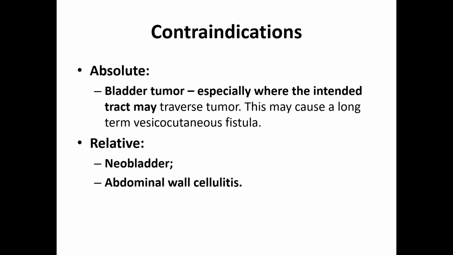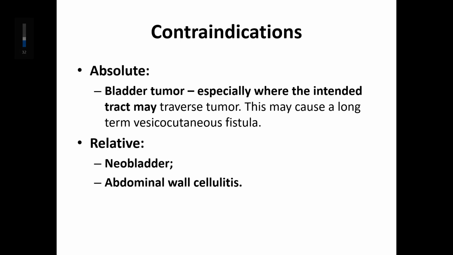Relative contraindication is a new bladder, for those patients who have bladder tumors. Radical cystectomy has been done for them, and a new bladder has been made from the bowel, called urinary diversion, whether from a small bowel or from the colon.